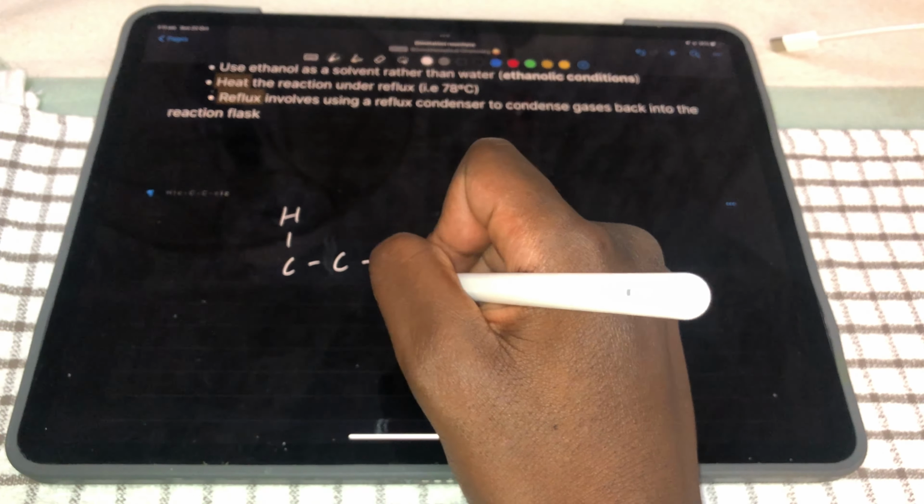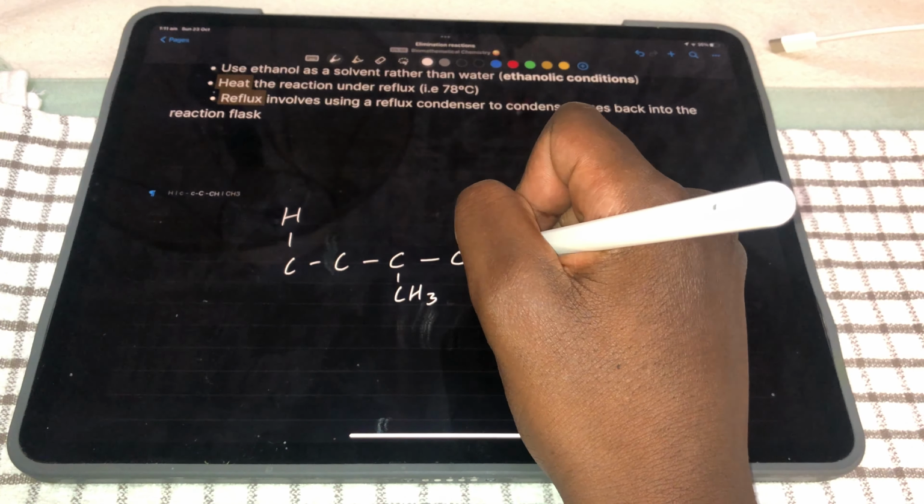Would this make a difference? Literally just going with the flow right now.